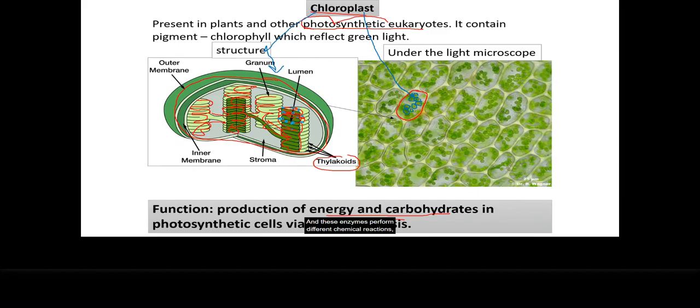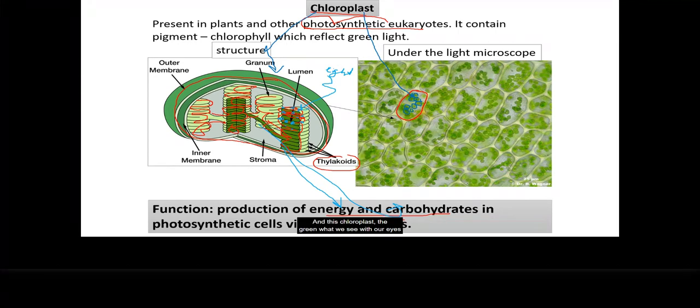And these enzymes perform different chemical reactions, one of which is to capture photons from the light to initiate different chemical reactions, the production of energy and synthesis of carbohydrates. So all this is happening in here.